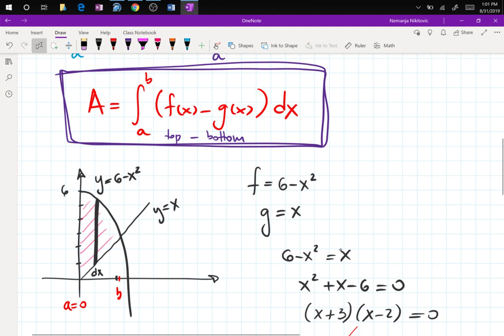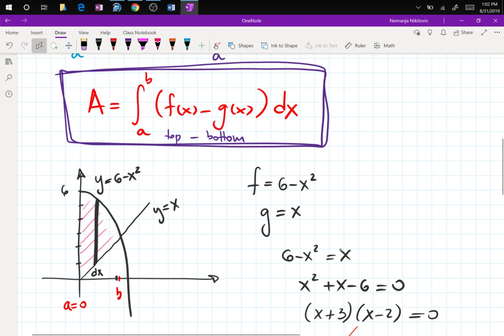The rectangle takes every position from A to B, and no matter how short, it has to fit in between, and it has to be vertical. Anytime you move the rectangle, it picks up the top, rides on the top function f, the bottom rides on the bottom function g, and it's always f minus g, top minus the bottom.